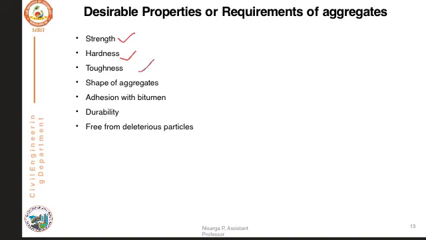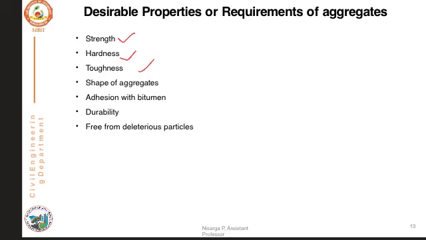The next property is that the aggregates used in road construction work should possess sufficient toughness. Why is this? The aggregates in the pavement are subjected to impact due to the moving wheel loads, and severe impacts will be caused especially when you have a road like a WBM road.